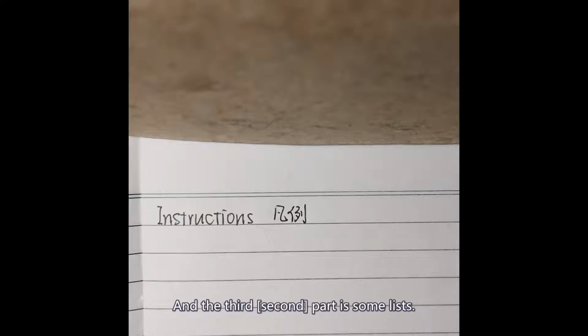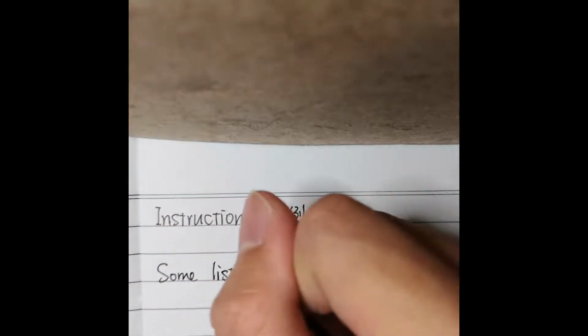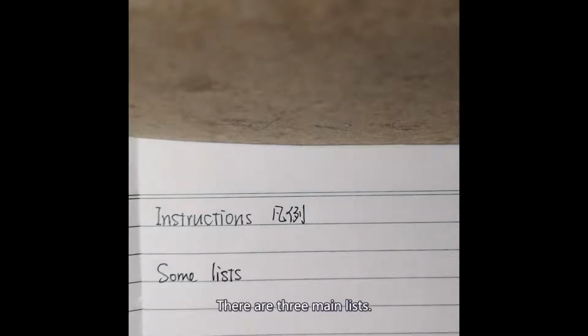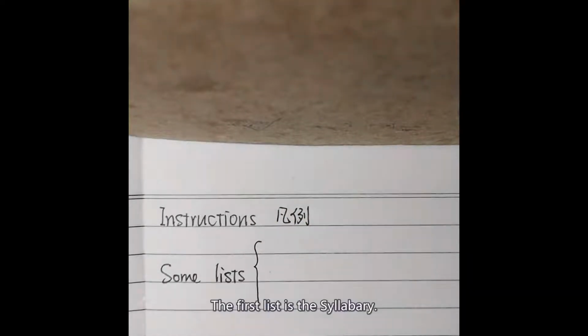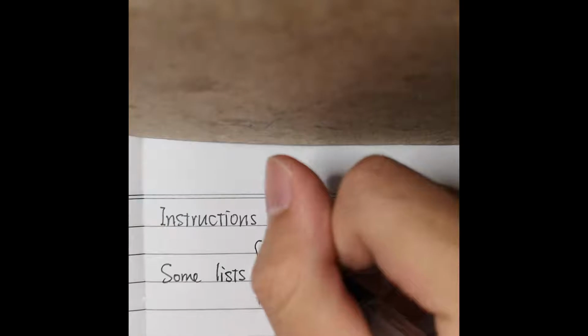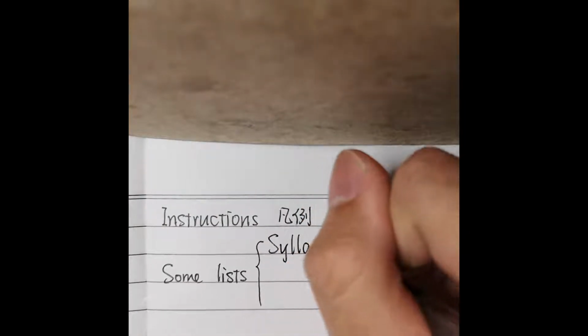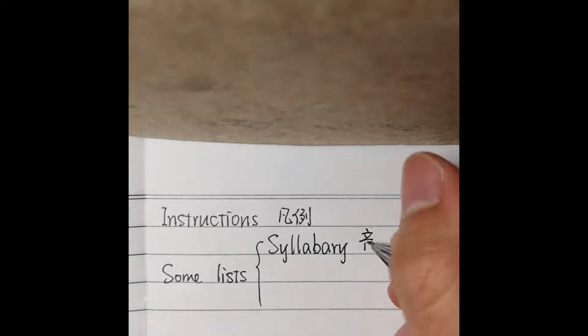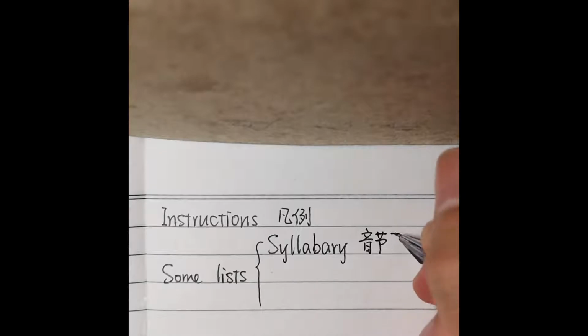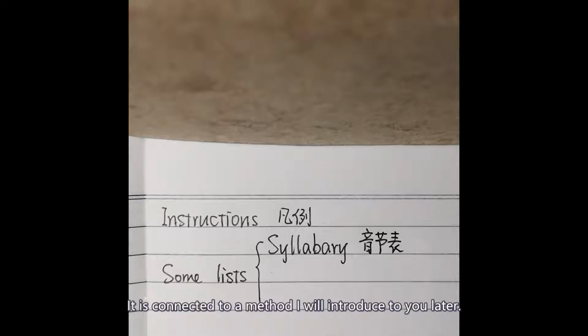And the third part is some lists. There are 3 main lists. The first list is the syllabary. It is connected to a method I will introduce to you later.